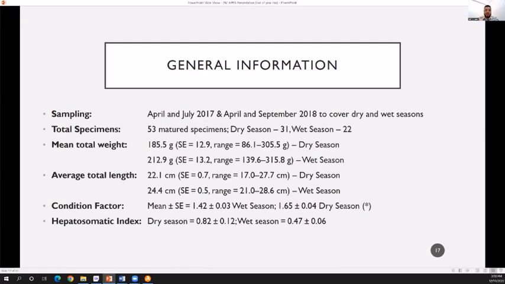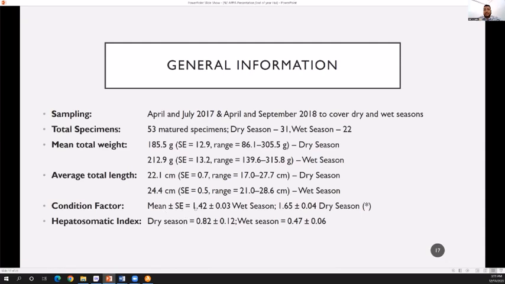A relatively high condition factor would mean the fish is in generally good health. A low condition factor, the opposite. Similarly for the hepatosomatic index, which is a general measurement of stored energy. Basically, looking at how well the animal, in this case the thumbprint emperor, is utilizing its feeding resources.